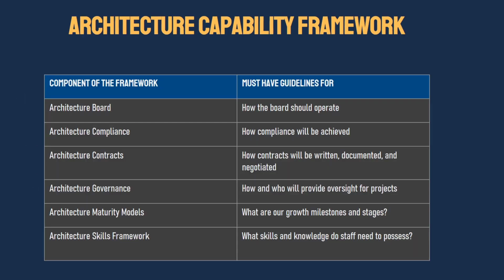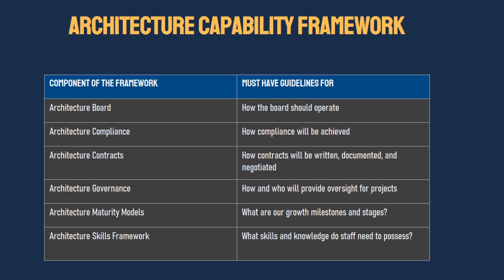The architecture capability framework has multiple components. The first is an architecture board, which has to have guidelines for how that board should operate. There is architecture compliance, which has to have guidelines for how the compliance will be achieved. When architecture contracts are written, we have to have guidelines for how they will be written, documented, and the manner in which they will be negotiated.